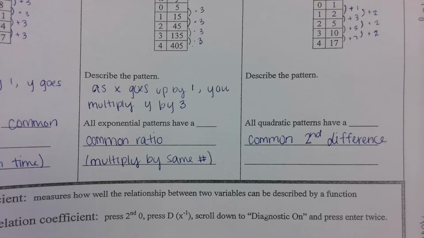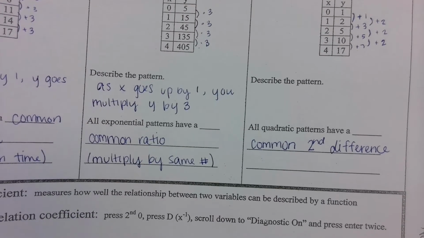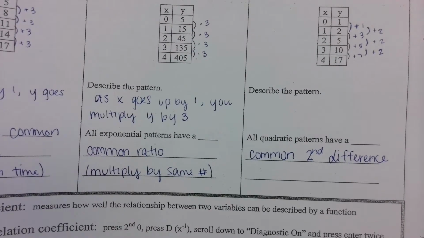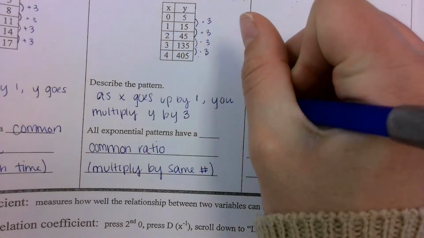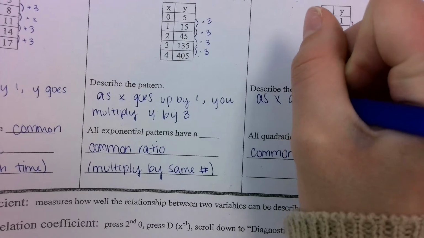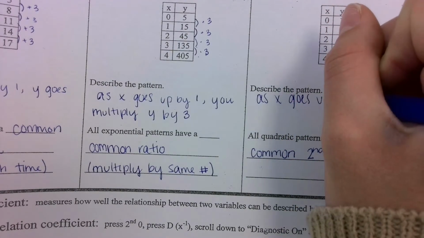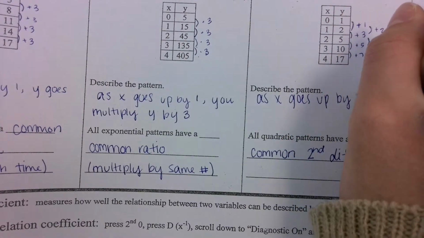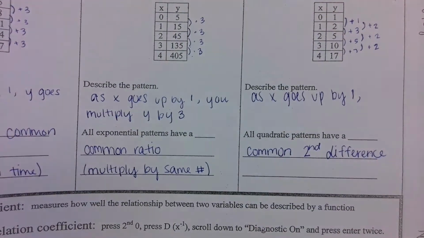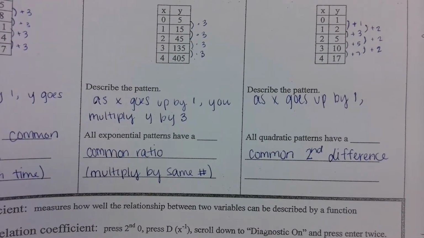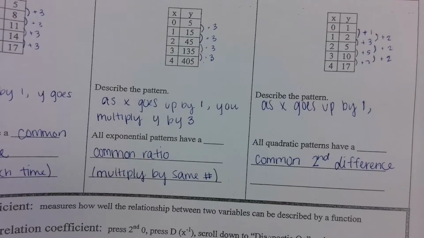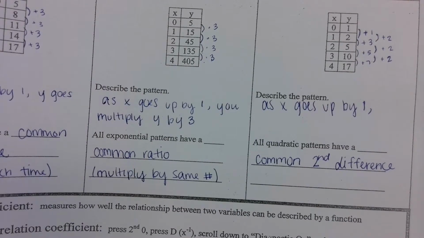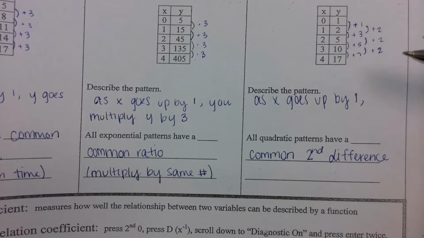Okay, so if we're going to describe our pattern here, we're going to say as x goes up by 1, it's kind of awkward to say this, but the first difference in y goes up by 2. Does that make any sense? So as x goes up by 1, the first difference in y goes up by 2.